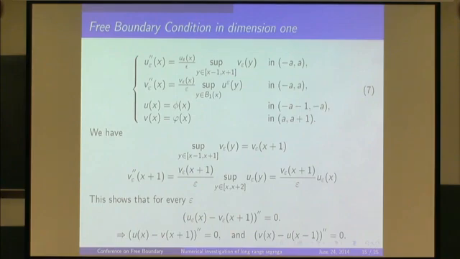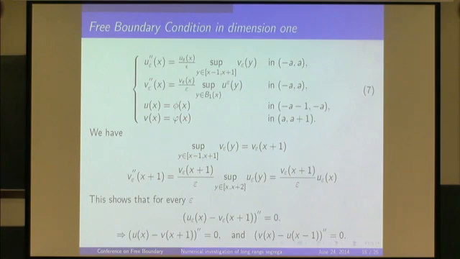If we write the second derivative at the point x plus 1 and plug it in, it shows that the supremum will happen here. So this shows that the difference between u epsilon at the point x and v epsilon at the point x plus 1 is harmonic at distance 1. This is true for each epsilon. If we let epsilon go to 0, the limit will satisfy this condition.